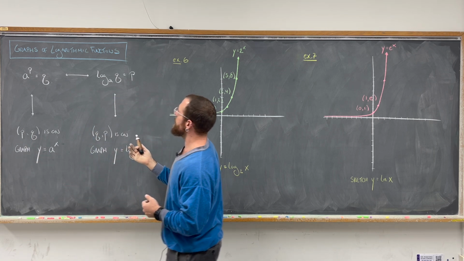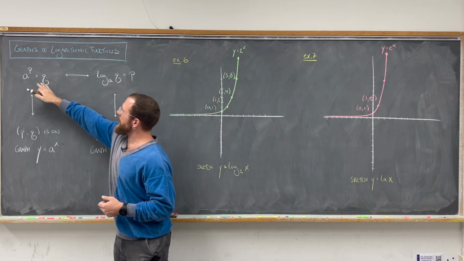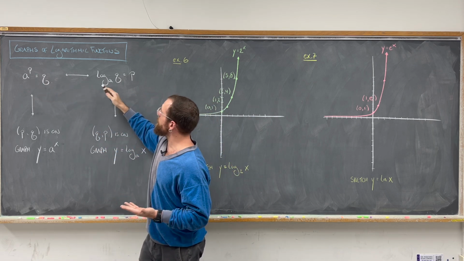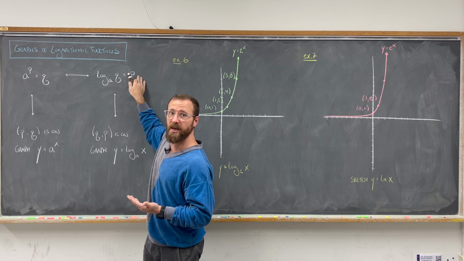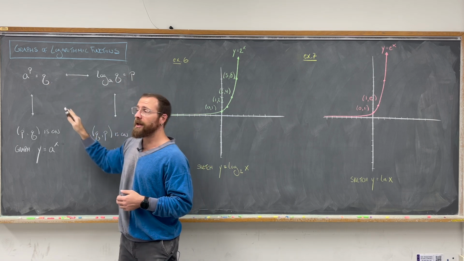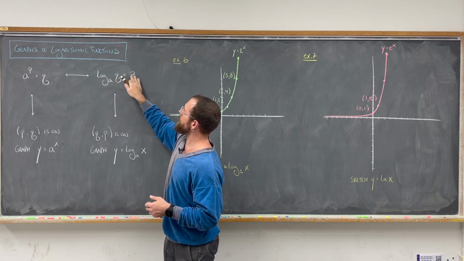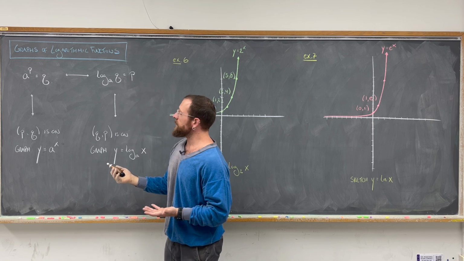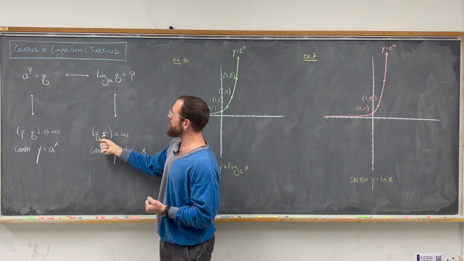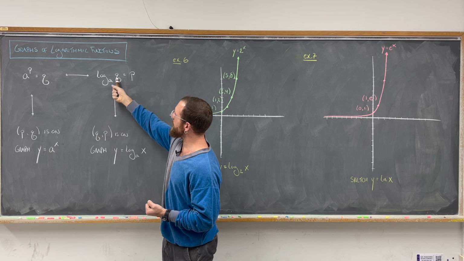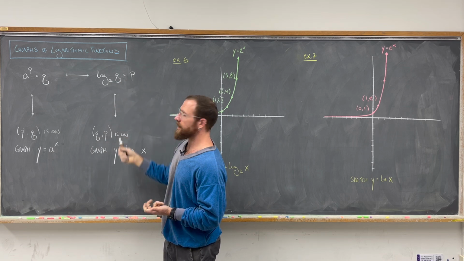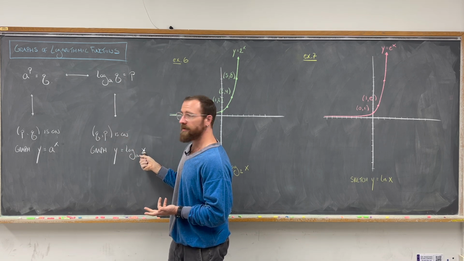On the other hand, if you know that a to the p equals q, then you know that log base a of q equals p, because those are the same statement. And if you know that log base a of q equals p, then graphically you could say that the point q comma p, where that's x and that's y, is on the graph of y equals log base a of x.